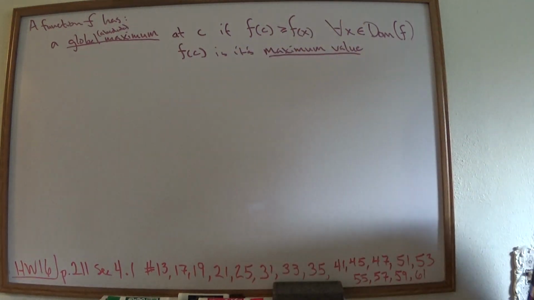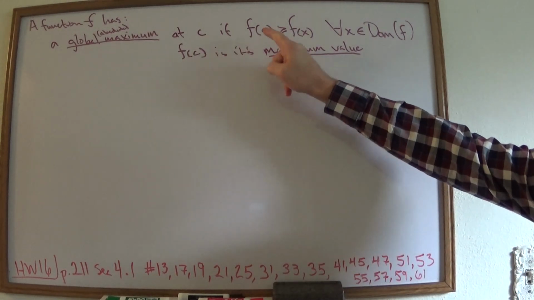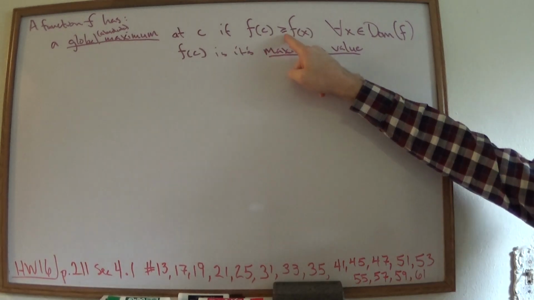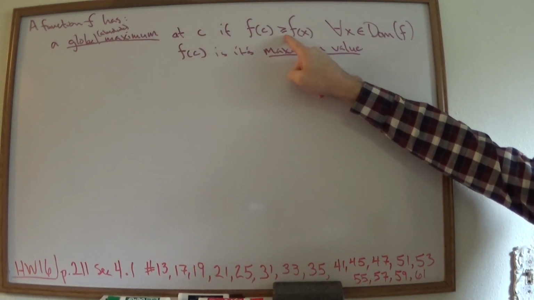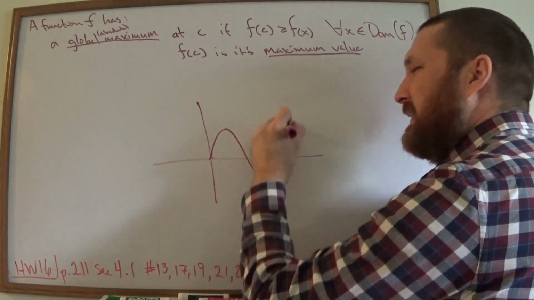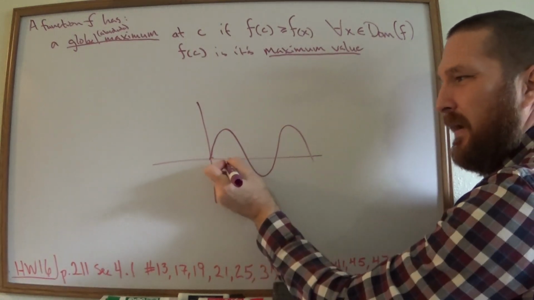Okay, so two definitions there. A global max at c occurs if f is bigger there than everywhere else. And this equals bothers me. It should bother you too. Because let's take sine, then it has a global max here at pi over 2.